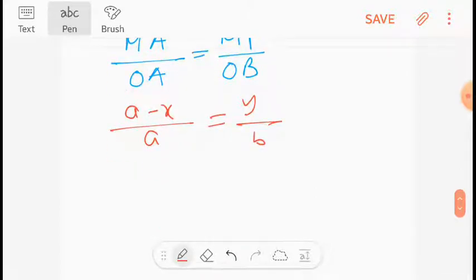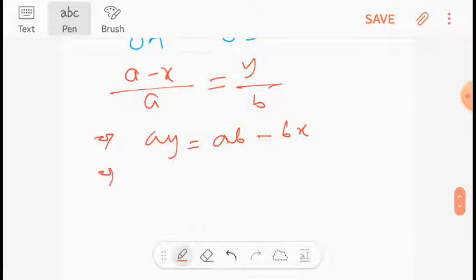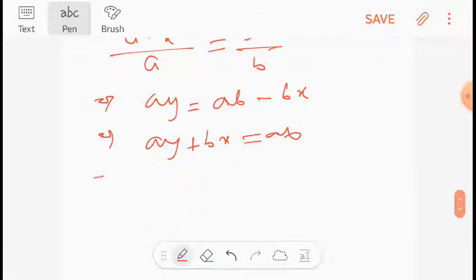So if we deduce this, you can see here Ay equals AB minus Bx, that means Ay plus Bx equals AB. That means if we divide all this by AB, then it will be x by A plus y by B equal to 1.